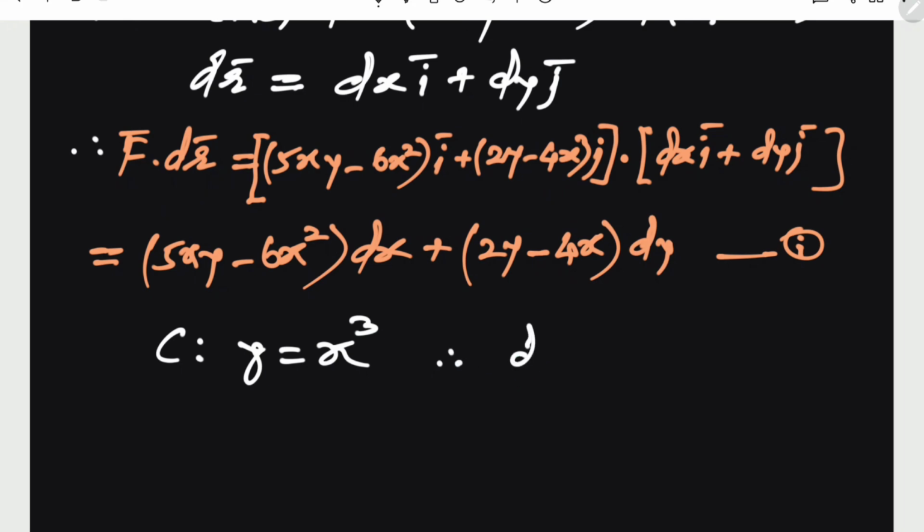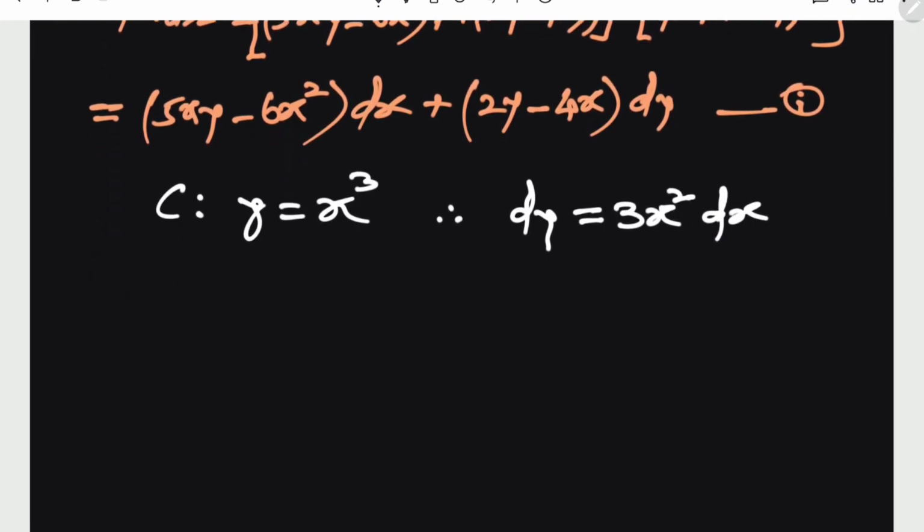Then the given equation of the curve is y is equal to x cube, along which we have to obtain the integration. Therefore, differentiating with respect to x, we get dy is equal to 3x square into dx.